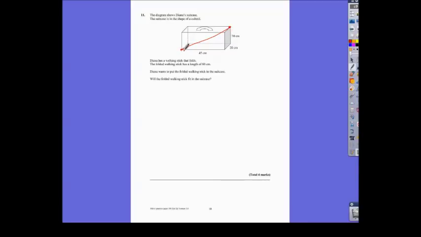Now, that is the hypotenuse of a right angled triangle just there, with a height of 30, and this distance here we just don't know yet. But that also is part of a right angled triangle, which is 20 by 45. So if I call that x and I call that y, I want to work out x first, and I can use that to work out y. So I'm going to be using Pythagoras twice. So x squared is equal to 20 squared plus 45 squared, so x squared is equal to 2,425.